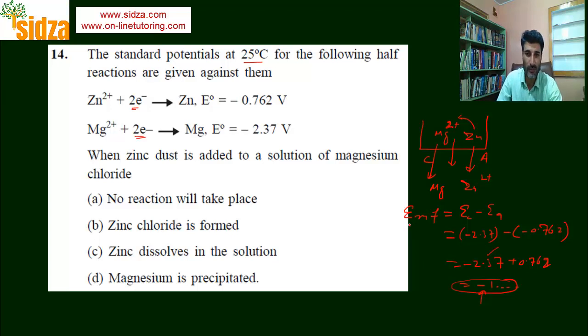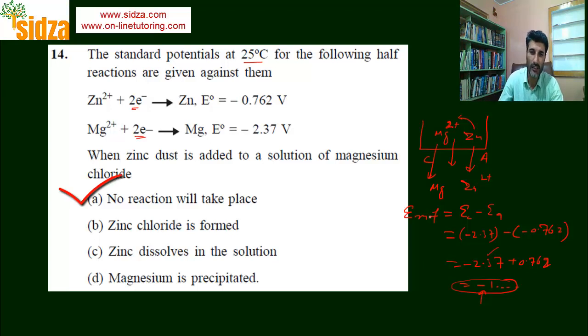The cell will produce current only when the EMF of the cell is positive. If the EMF of the cell is negative or zero, the reaction will not take place. The process is not spontaneous, correct? So the zinc will not lose electrons and the magnesium will not gain electrons. The magnesium ion cannot take electrons from the zinc, so the reaction is not possible.